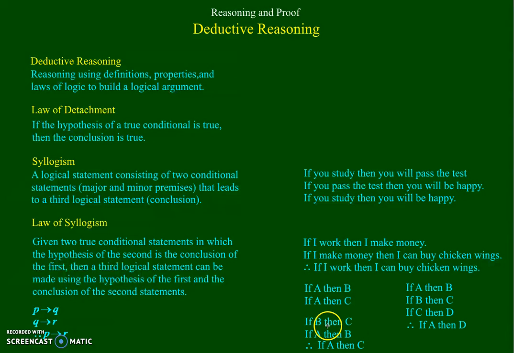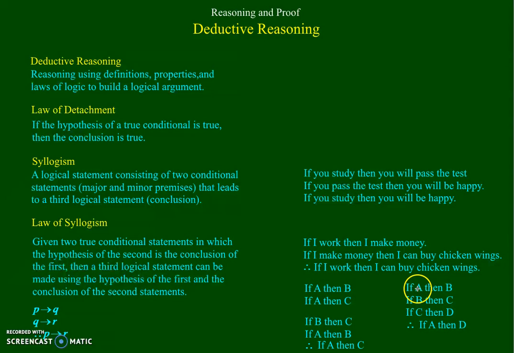And now, as a final note on the law of syllogism, we don't just have to have two separate conditional statements. This could be any number. We could go if A then B, if B then C, if C then D, if D then E, and so on, as long as the first leads in a logical chain to the last.